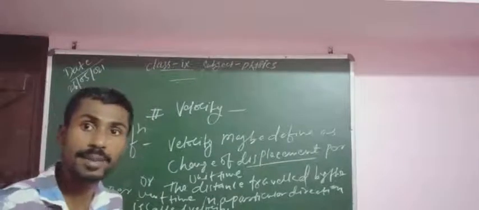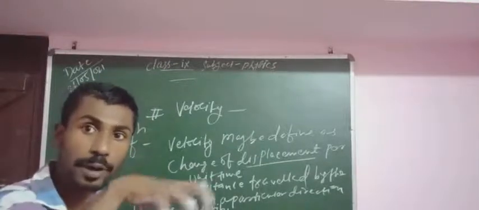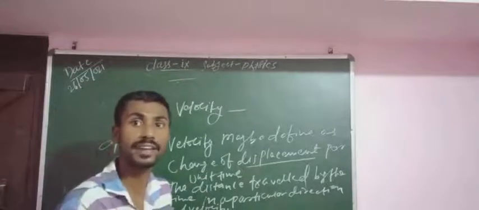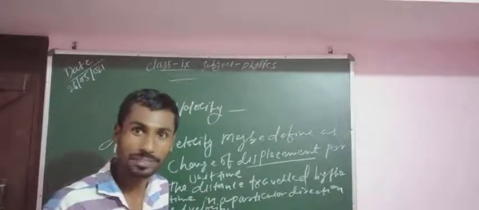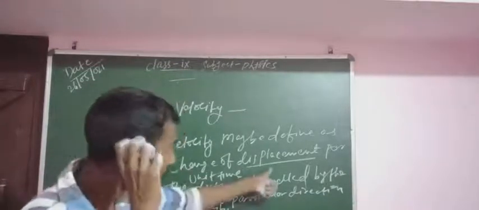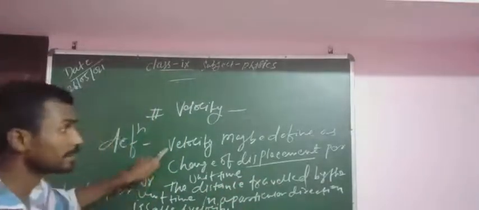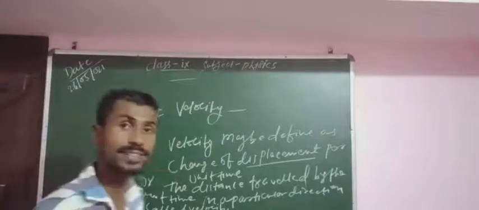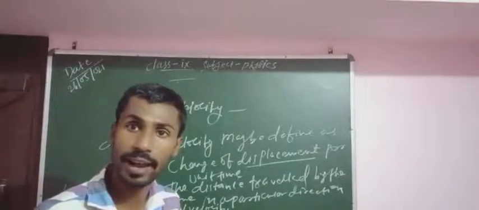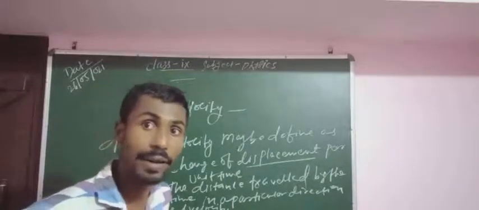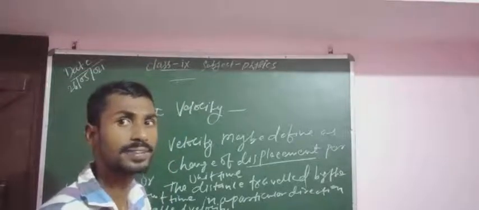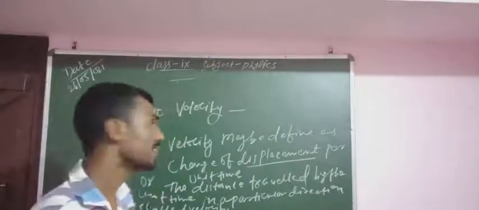That means displacement changes with respect to time in a fixed direction: north, south, east, west. Therefore we can say that velocity is a vector quantity because it has magnitude as well as direction.